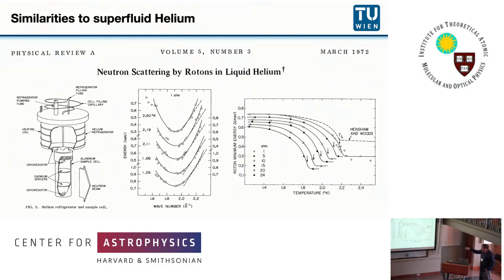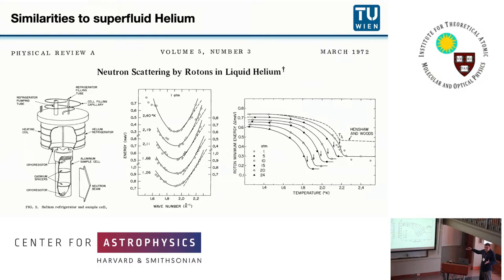But importantly here, for all densities or pressures and temperatures, this roton minimum always stays finite until you hit the transition to a normal fluid, right?